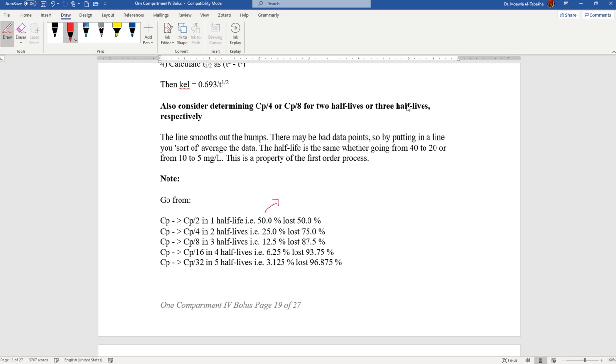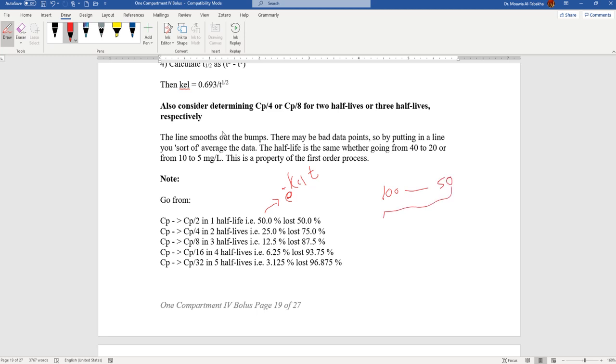Remember, this 50% is e to the power of minus KL times T. Now after another half-life, 25% remaining, 75% lost. After 3 half-lives, 12.5% remaining, 87.5% lost.